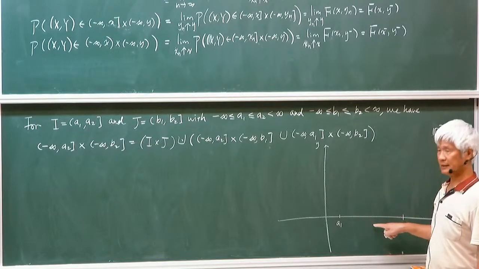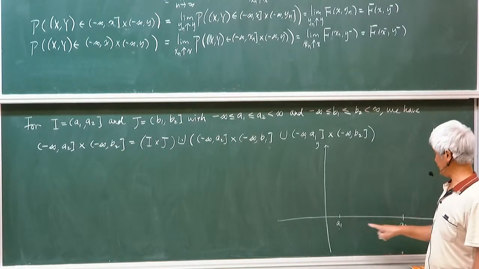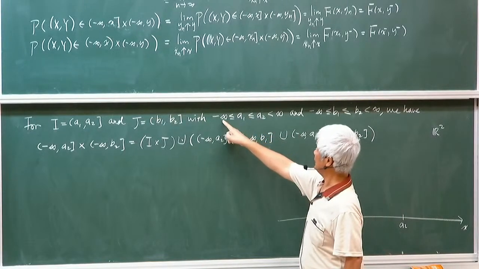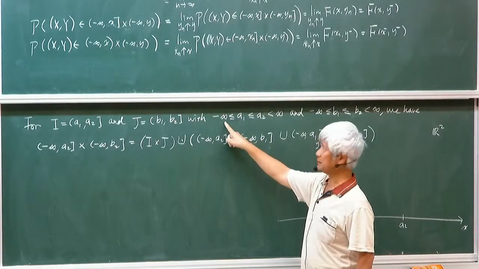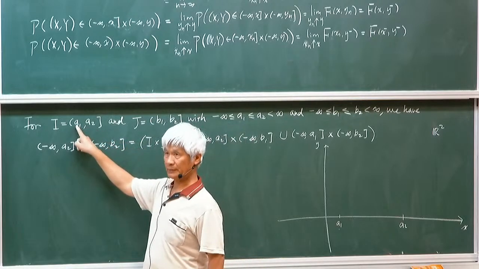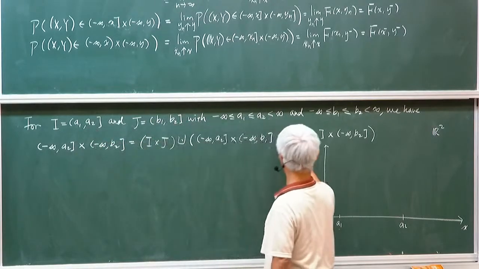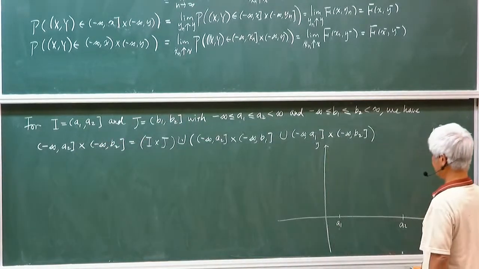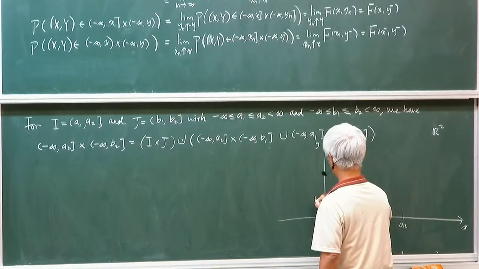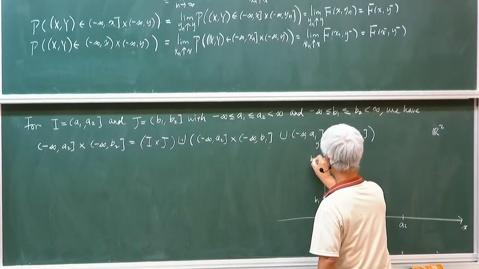So this illustrates the case that A1, A2 are finite, but actually A1 can be minus infinity, so that is possible. So we have this situation, and say this is B1 and B2.